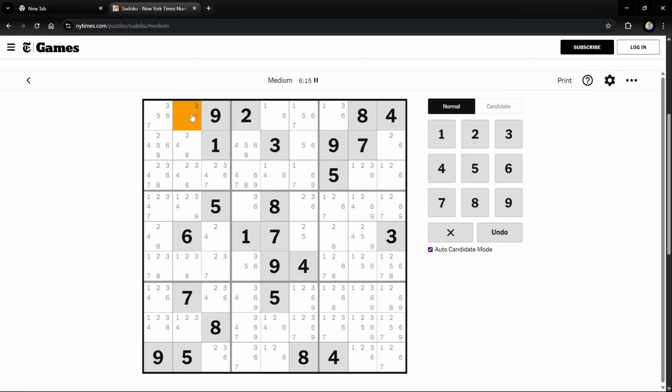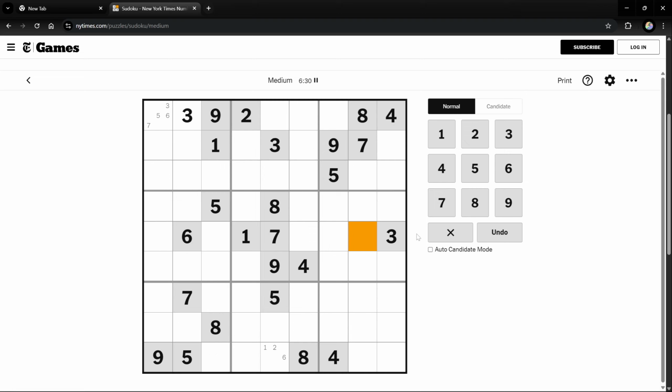Okay, so I'll type it back in. Now I want to point out that how we find this 9 is actually the same trick that we used before in the easy mode, which was we would click on a number, right?